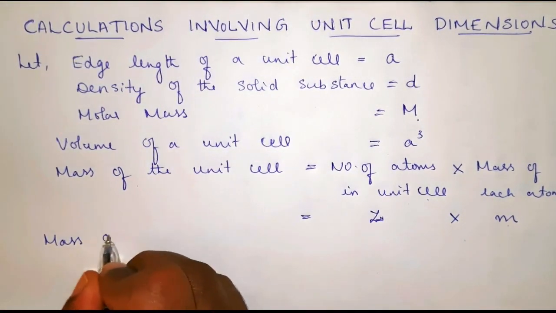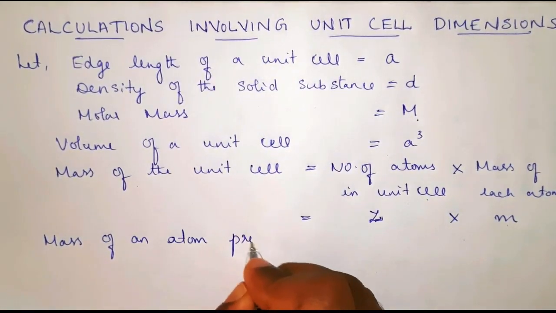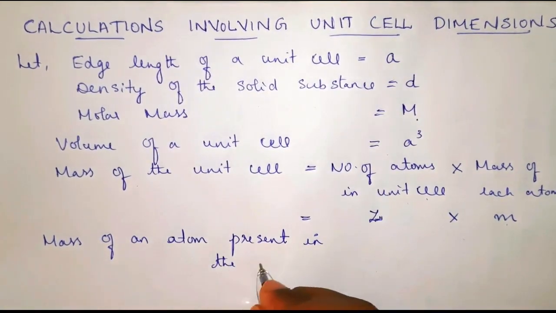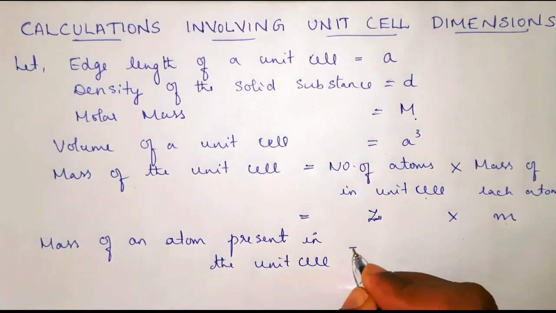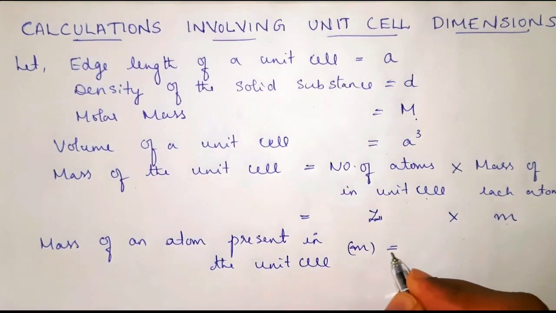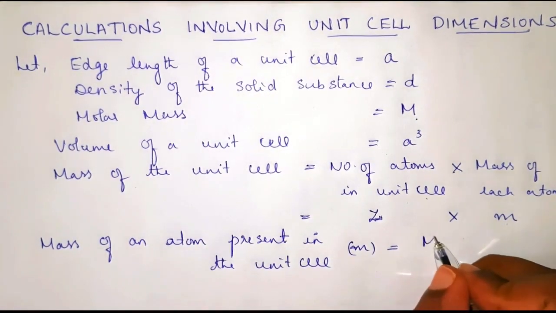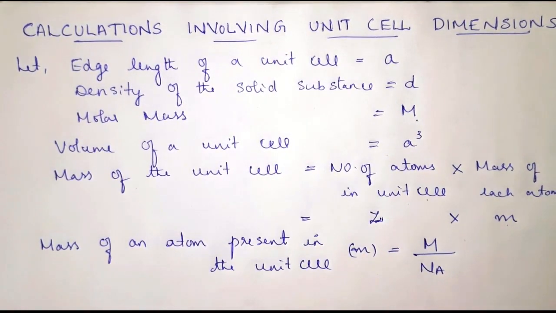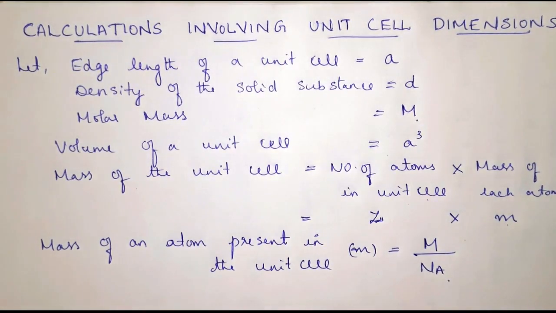The mass of an atom present in the unit cell, which we have taken as small m, is equal to capital M, the molar mass, divided by Na. Na is the Avogadro number.